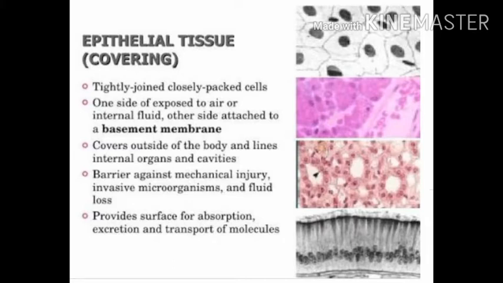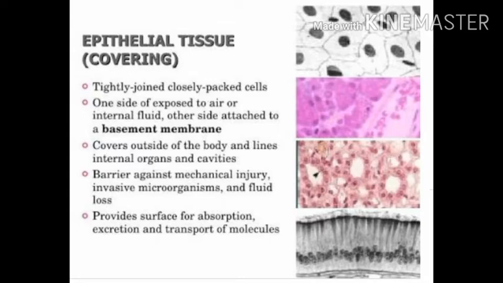One side of the tissue is exposed outside, either to air, or if these are present inside the body, they are exposed to some internal fluid. And the lower portion of the epithelial tissue is made up of a basement membrane. So there is an upper portion and a lower portion called the basement membrane.